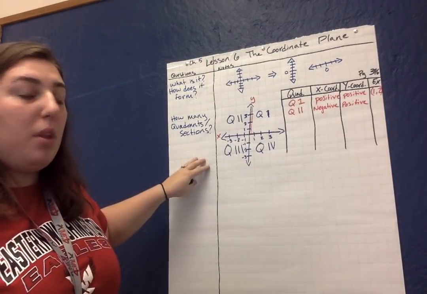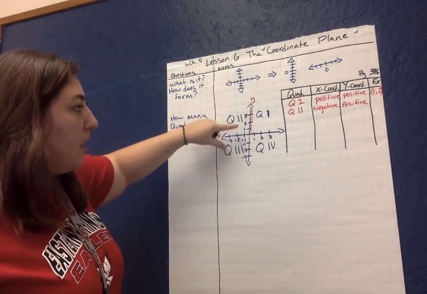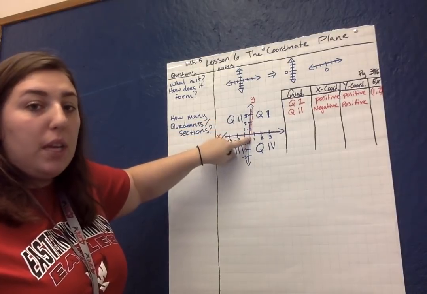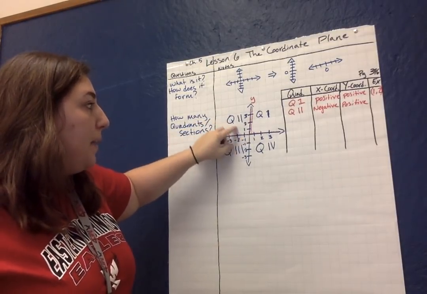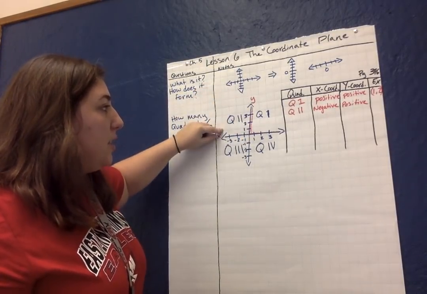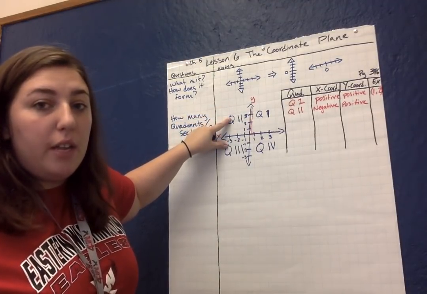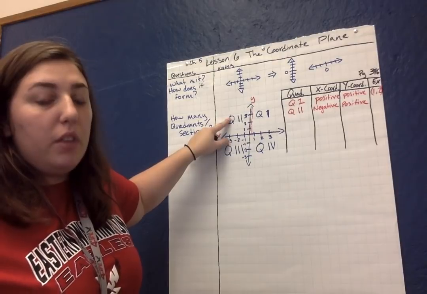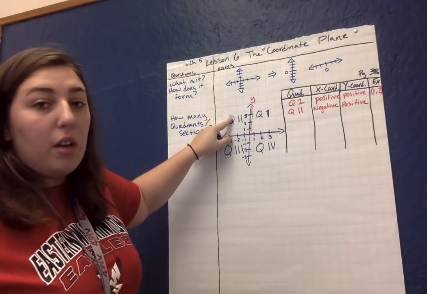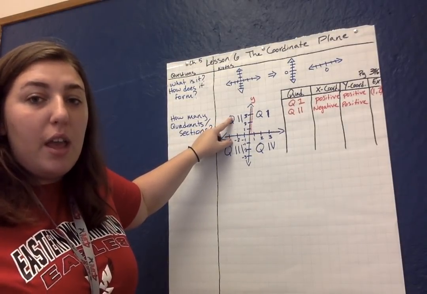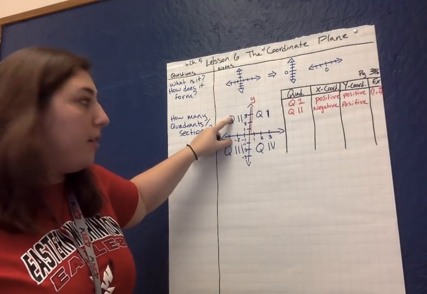Okay, an example of that, if I were to plot something over here, because remember, we can plot on the line, but now since we've made the sections, I can plot something like over here, and I would know where it is. It's kind of like Battleship. If you think of Battleship, you're thinking of what quadrant it's in, what section, and then what its coordinates are.